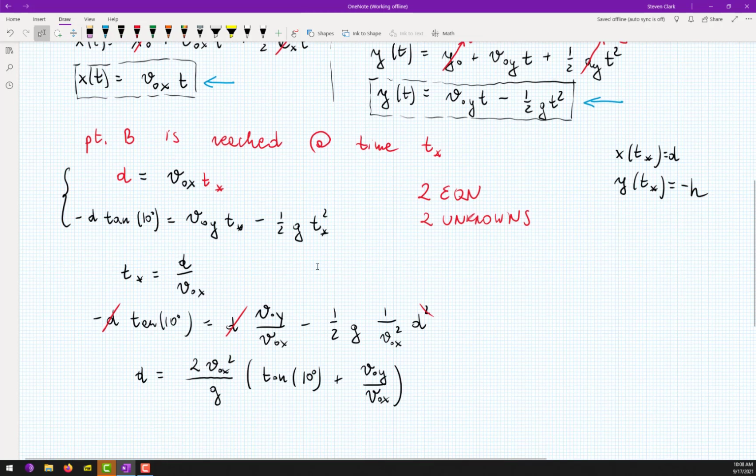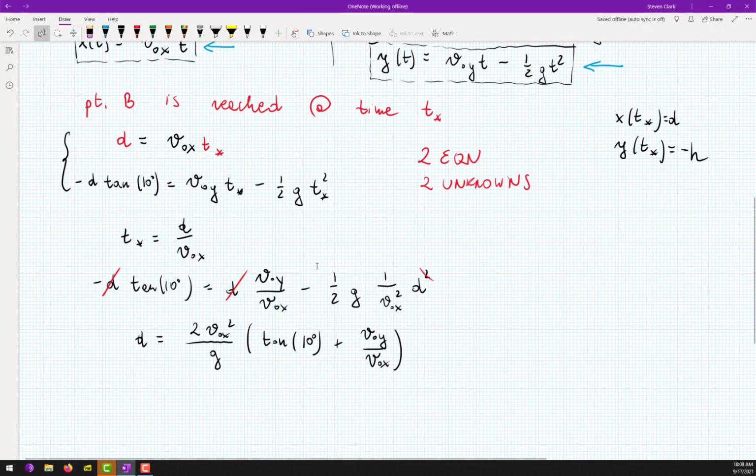Okay, and grab your calculators and obtain that our d is approximately 1609.143 feet. Answer.